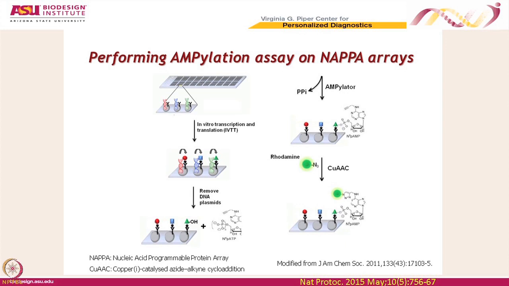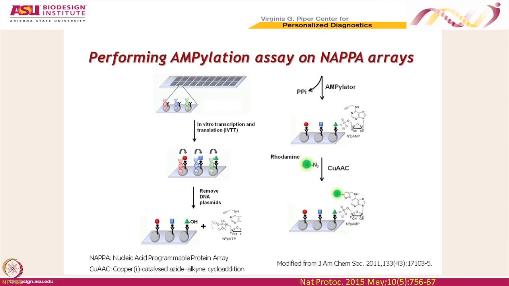And then he added this alkyne modified ATP along with an amylator that released a pyrophosphate, and it added this modified AMP to whatever target proteins were there. And now it's displaying this open alkyne group.